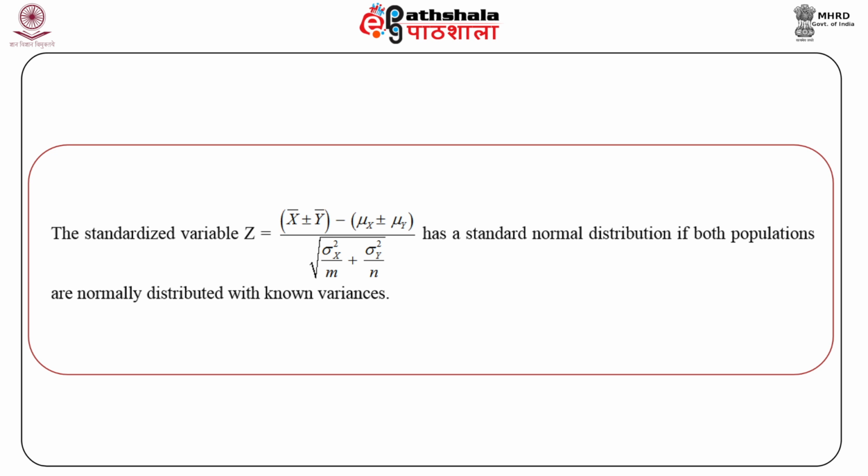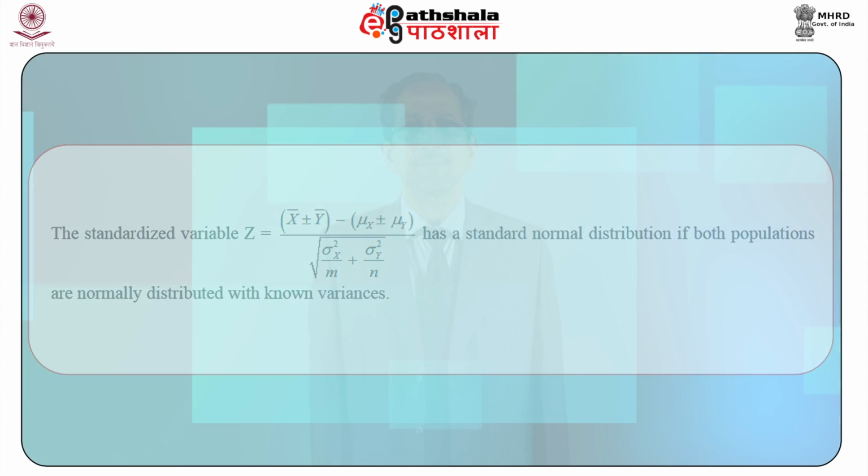Let me make it very clear, I may be interchangeably using sigma x square or sigma square x as the same. Similarly, sigma square y, or sometimes I am using sigma y square, which is the same.